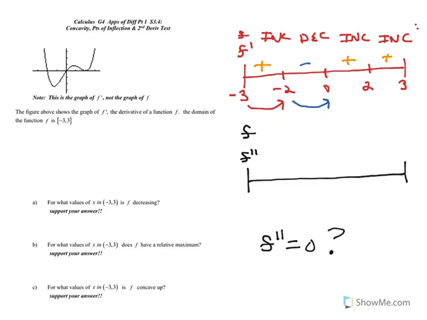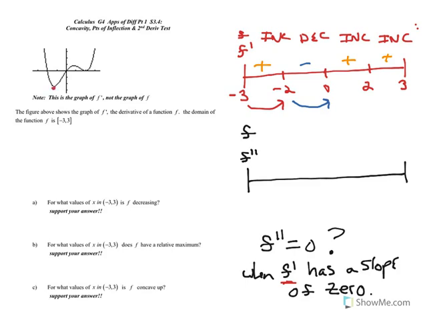So f double prime is going to be 0 when f single prime has a slope of 0. So we're looking for where f single prime has a slope of 0. If we look at a graph of f single prime, which is what we have, where do we get slopes of 0?